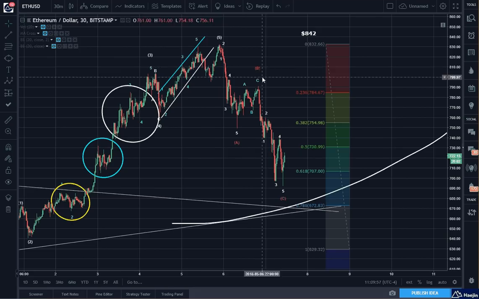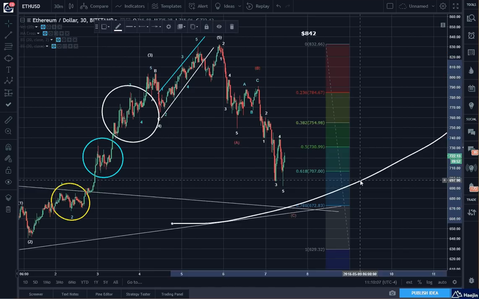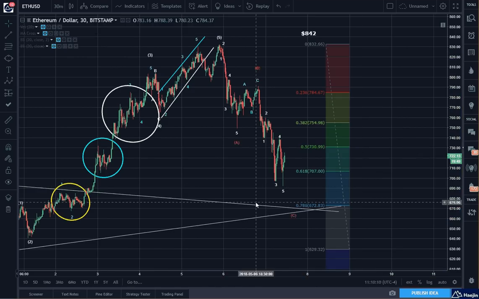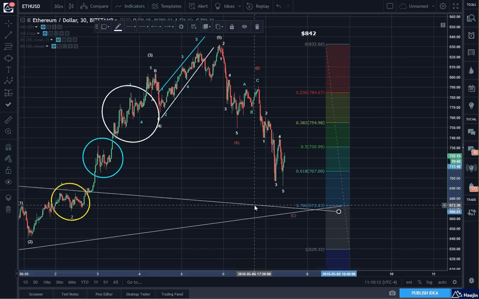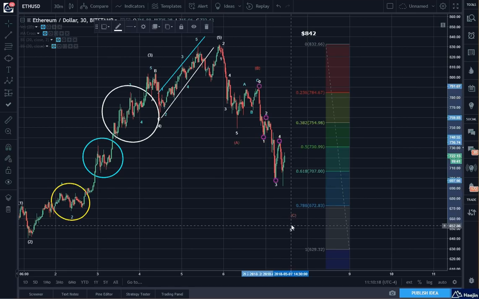So you have the ABC, and I'm thinking it is possible for this to go to 0.78. It is possible for the 5 to be down here to get there.